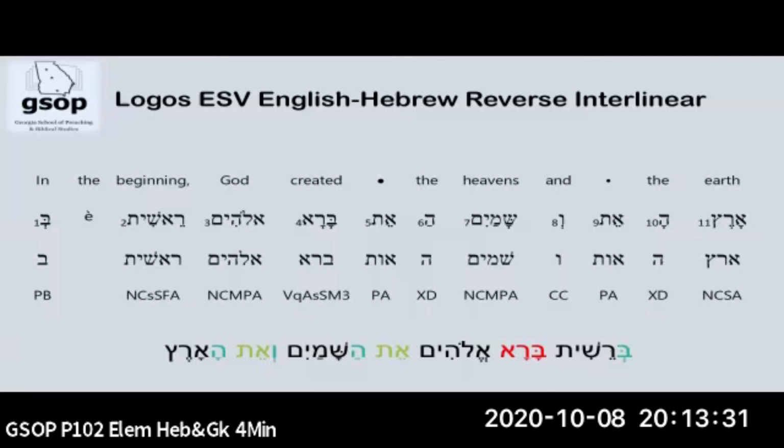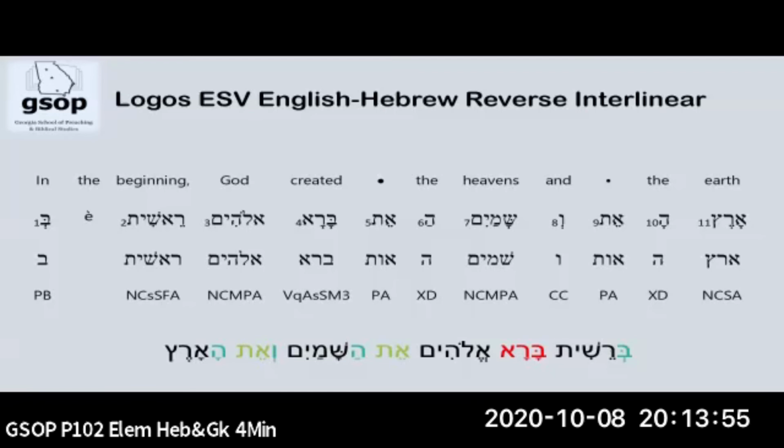And then you have et, which is associated with ve'et. And then you have the ha'aretz. And so notice the numbering, 1, 2, 3, 4, 5. That's the Hebrew word order. Generally speaking, it's going to be in this sequential order, but sometimes it will be in the opposite order.